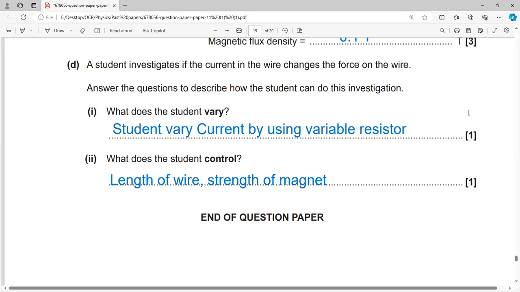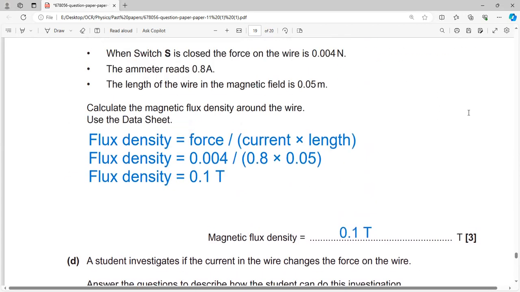Now, what does the student control? Whatever you are measuring in your investigation will vary. The other values which can directly affect your results will stay constant. For example, the flux density is directly proportional to the force, and inversely proportional to the current and the length.